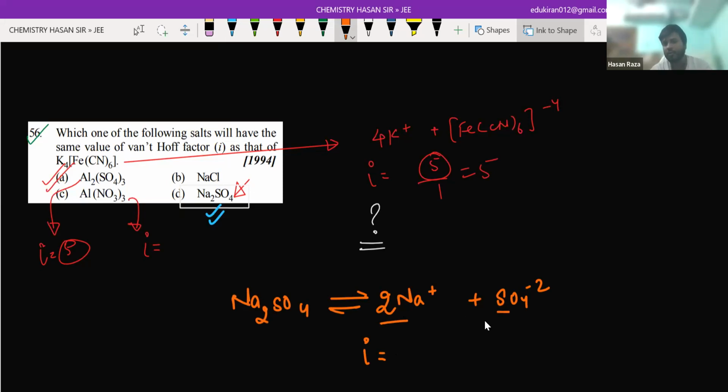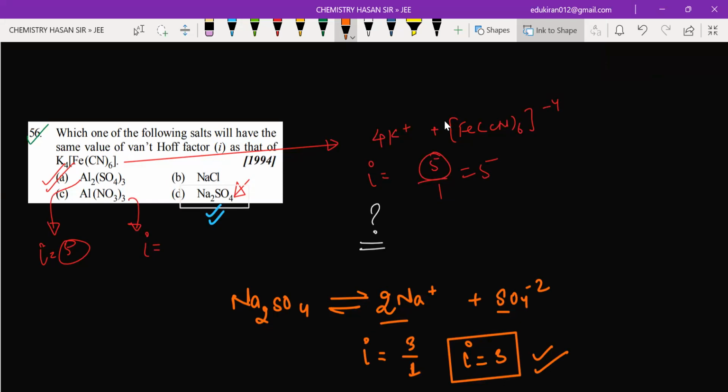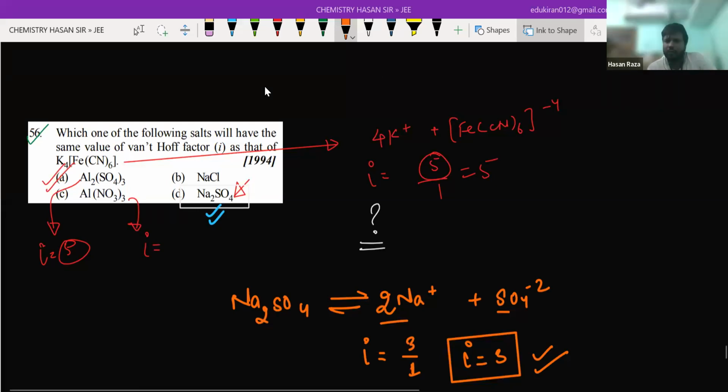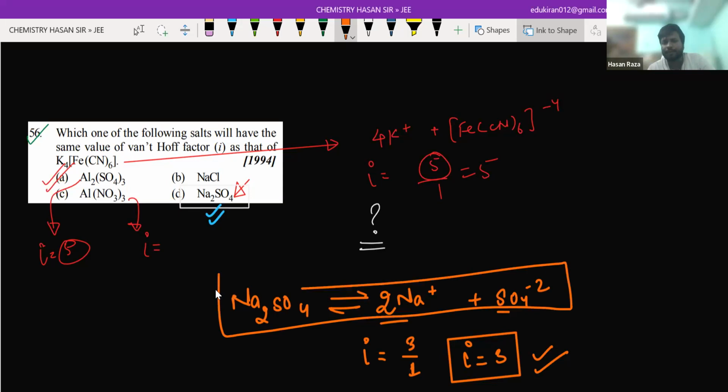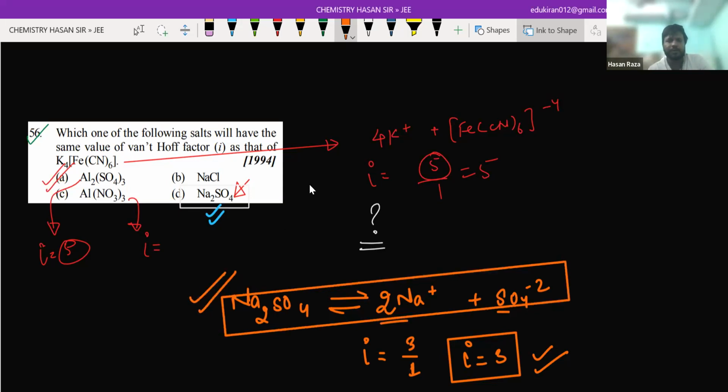So the number of particles is 2 plus 1, that is 3, upon 1 before dissociation. So the value of i for option D is 3. Why are you telling me 6, Shahid? Never add like this, 2 for this and 4 for that. Always do this. Okay, can I change the slide?